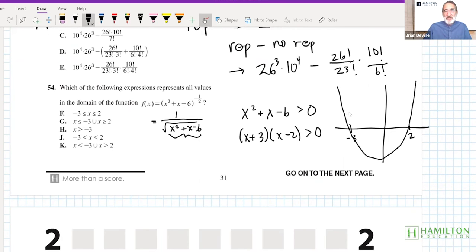And so it's going to be greater than 0 whenever I'm less than negative 3 or greater than 2. So I want x to be less than negative 3 or greater than 2. So K would be the best choice because I can't be equal to negative 3 nor 2.